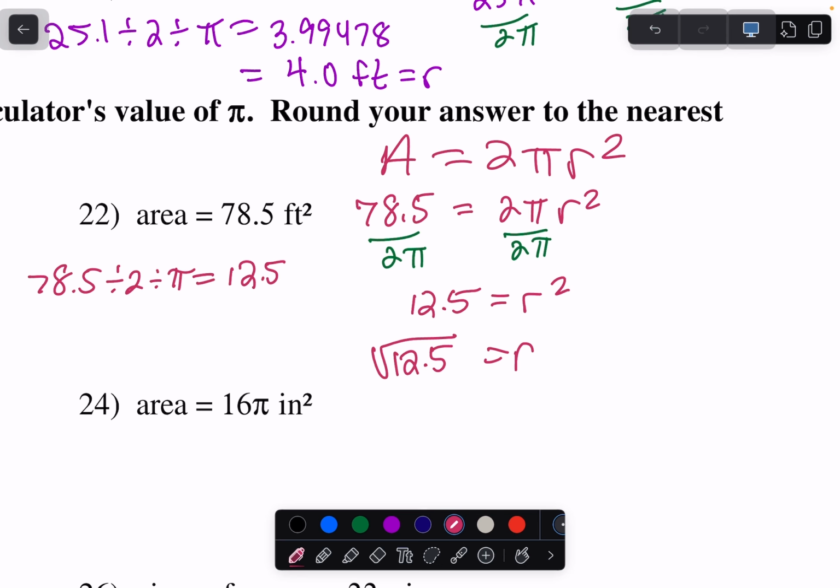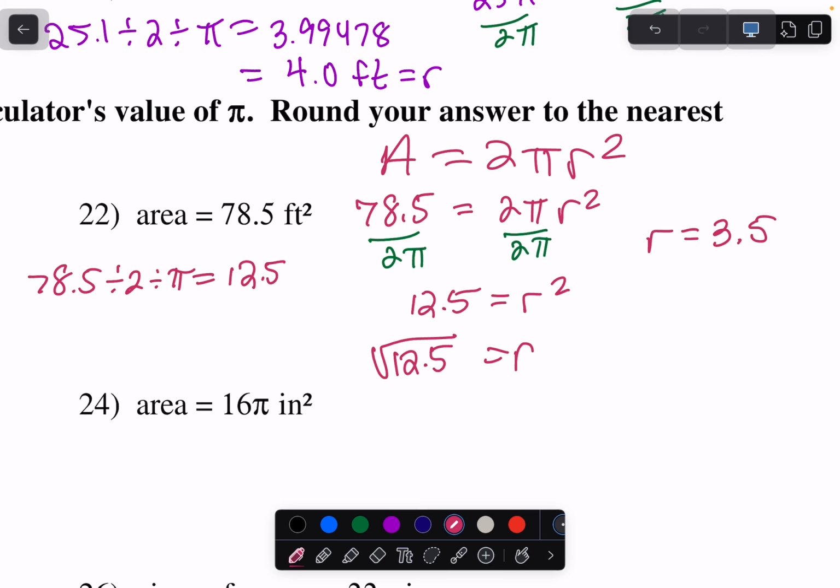So you're going to hit second, where we hit the square before, hit your second button, and then that square root symbol will pop in. Then put in 12.5, end your parenthesis, and hit equals. And we get that our radius is 3.5 when rounded to the nearest tenth. Okay, so our radius is 3.5.